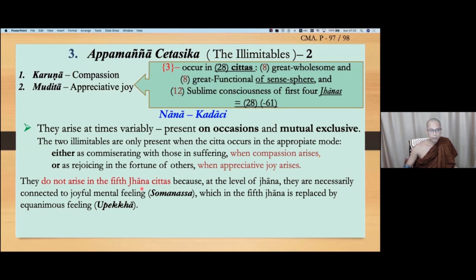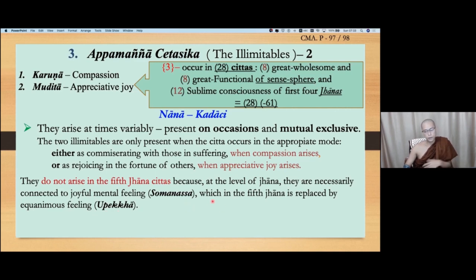But in the sense-pure level, they can arise with equanimity mental feelings too, according to this explanation. So in the jhana level, they need the support of somanasa, the joyful mental feeling. Then all the 5th jhana are accompanied by the neutral feeling, so equanimity.